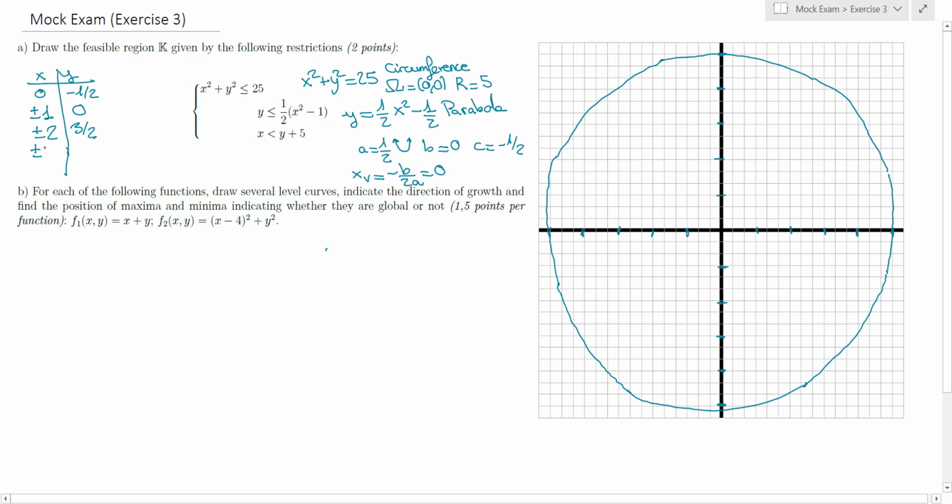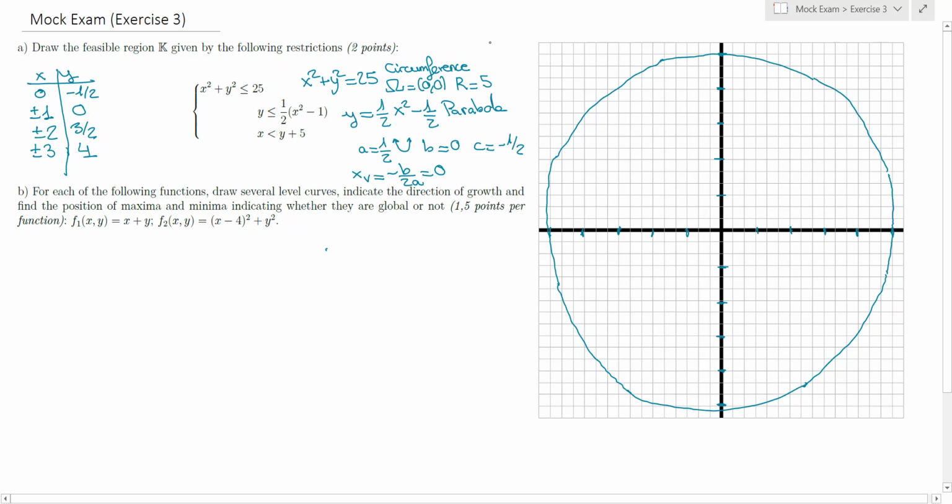With this, that would be enough, but we can take some more values if we want to be more accurate. In this case, x equals 3 gives 9 divided by 2 minus 1 divided by 2, which is 8 divided by 2, which is 4. And with this, that would be enough.